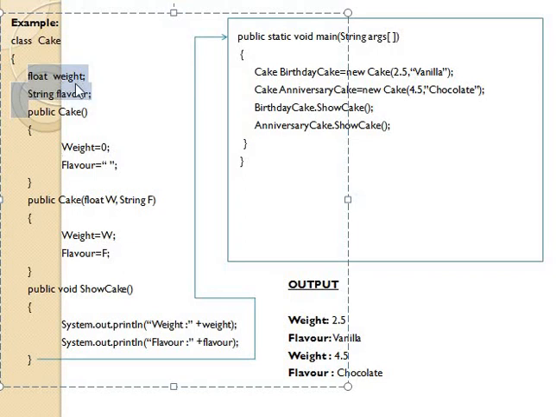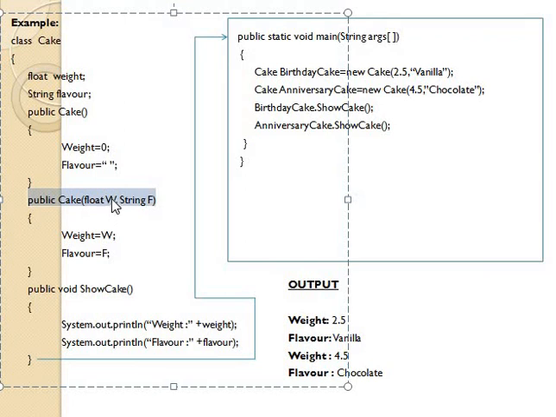In addition to these data members, this class cake also defines three member methods. The first method is public cake without any arguments. The second method is also public cake but with two arguments, W and F, of type float and string respectively.